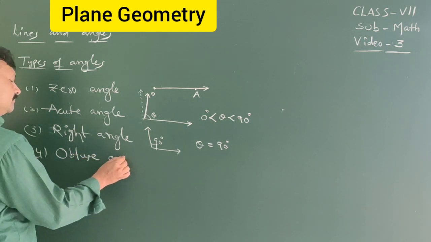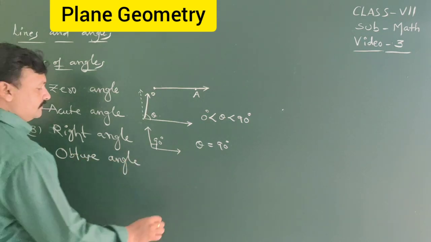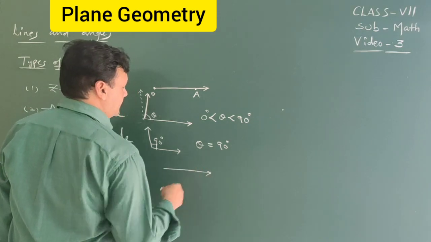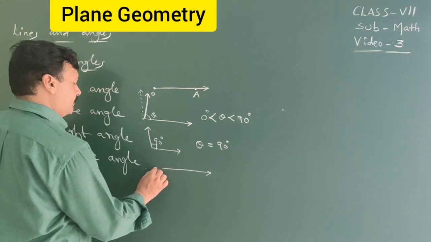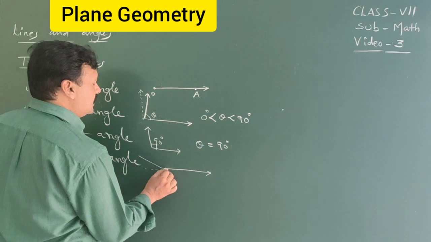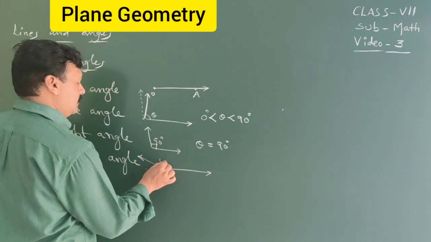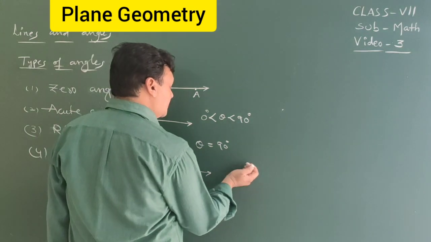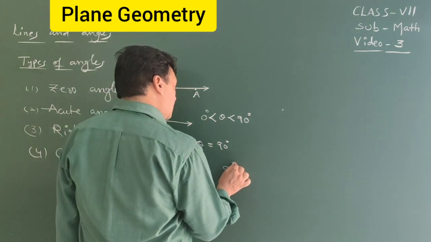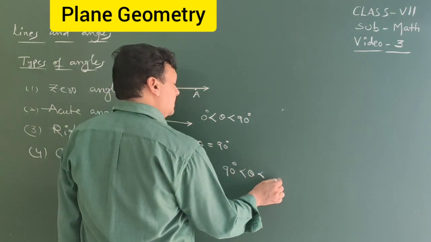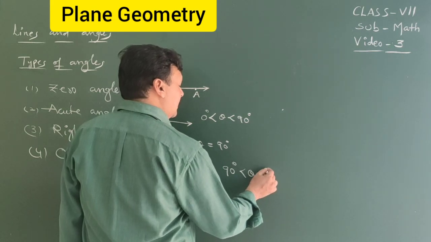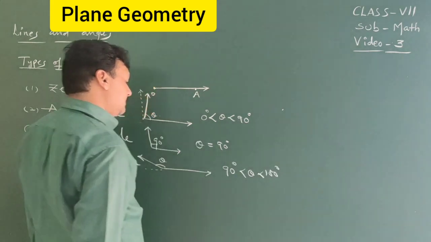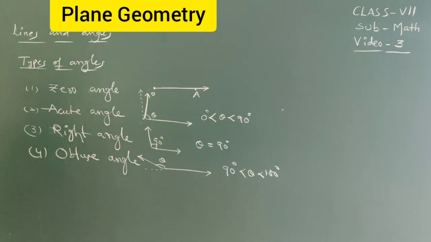Obtuse angle. Less than 180 and greater than 90. Here, an angle which lies between 90 and 180 degrees is called an obtuse angle.